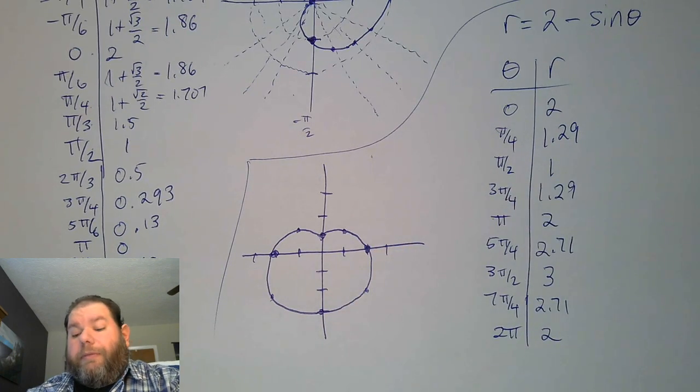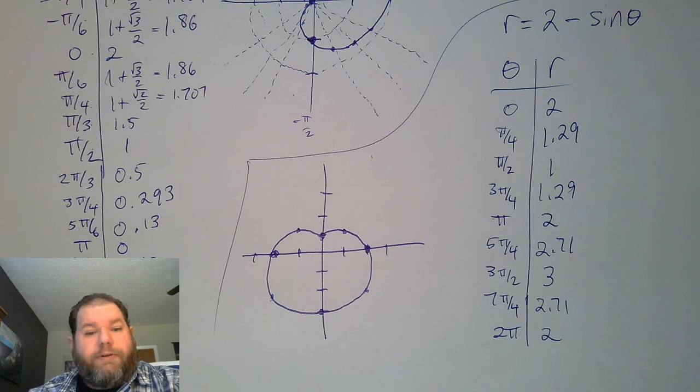Now, this one doesn't go through the origin, so it's not a true cardioid. I think what we call this one is a dimpled limaçon, which is, the nomenclature here gets a little crazy, I'll be honest.